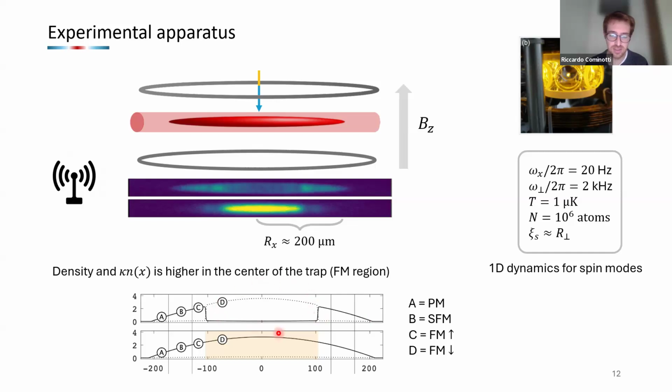Now, the most important one is the ferromagnetic region in the center of the trap, because it is in this region that we can study the false vacuum decay process. And on top of having a ferromagnetic region, we also have paramagnetic regions on the sides where the density goes to 0, and thus we enter a paramagnetic regime.